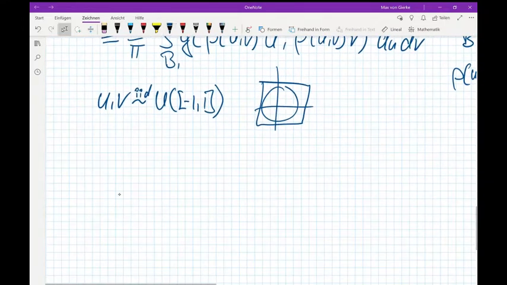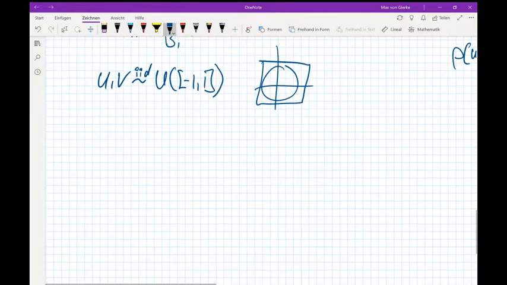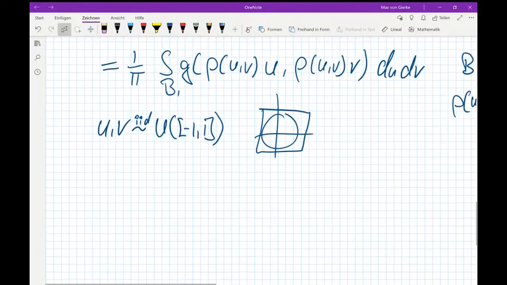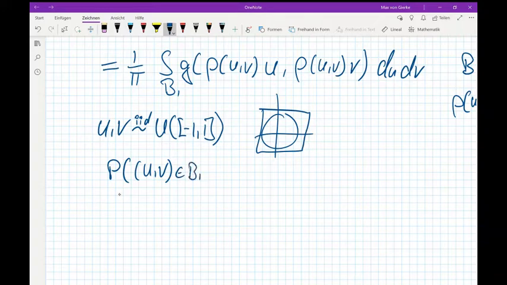Okay, and what do we know about these random variables now regarding this unit ball? Well, you might see it already here, the probability that this pair UV lands in the ball is just pi over 4.